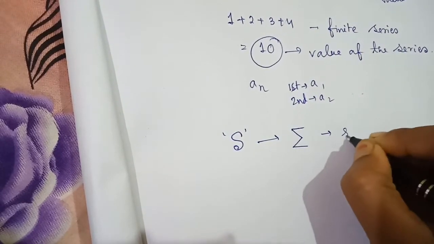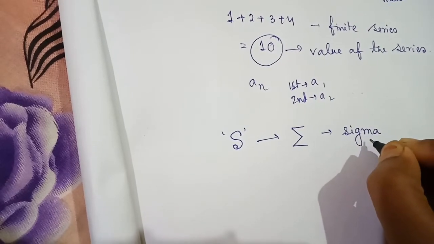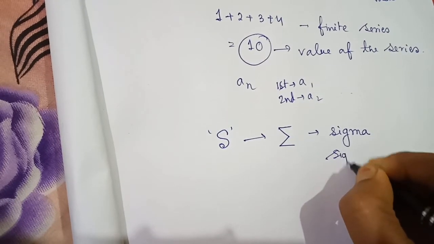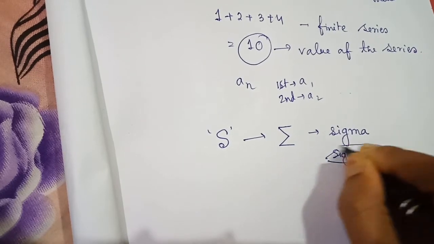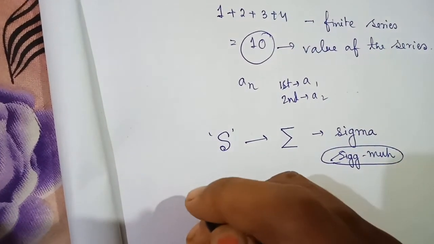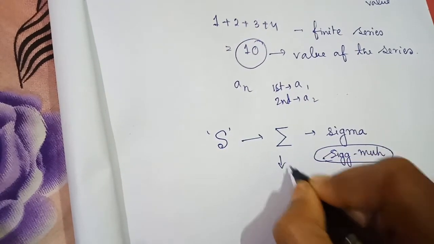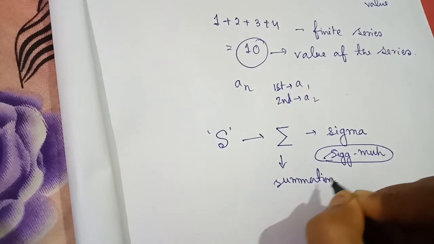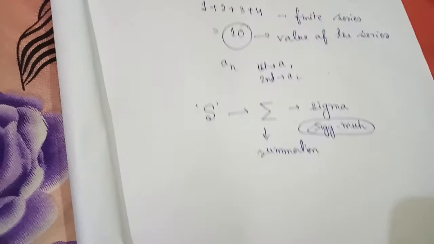This is its spelling, and its pronunciation is sigma. Sometimes you can say it as summation. Summation is the name of the process, so that can also be said.